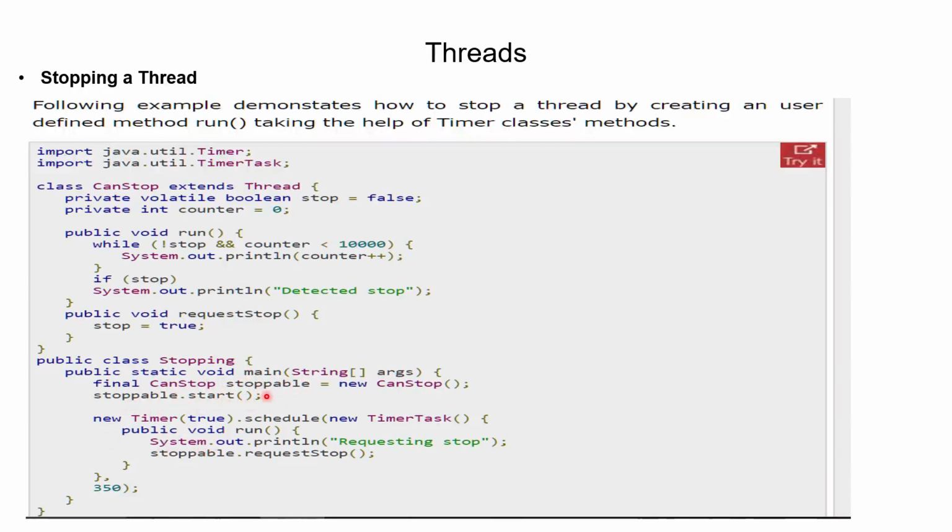So what we're doing here is we're taking canStop, which is a thread, and we're instantiating it as a stoppable, and then we call start on stoppable, and with the timer we are requesting our stop. So please take a look at this. This is a try it exercise. Try it out and you will get a little more experience with writing classes using threads and the methods associated with threads.